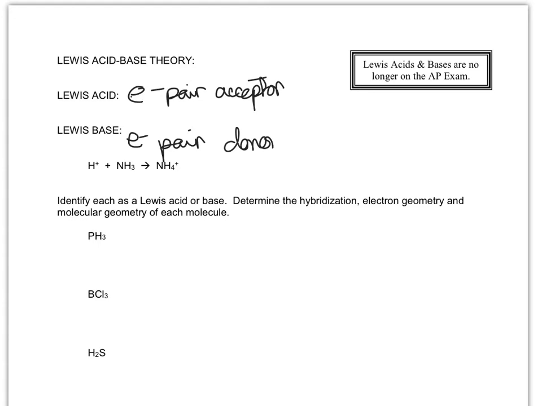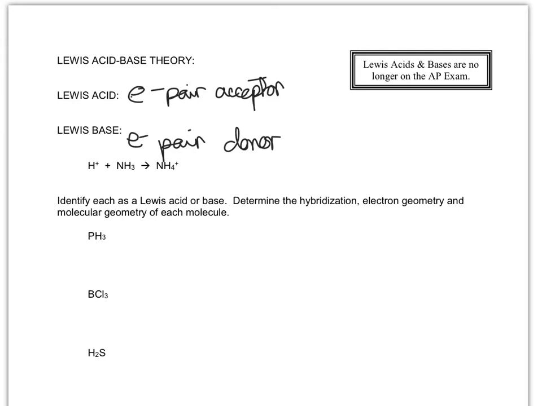So the definitions are kind of flipped from Bronsted-Lowry, because an acid, according to Bronsted-Lowry, is a proton donor, but now it's an electron acceptor. And a base, according to Bronsted-Lowry, is a proton acceptor. Now it's an electron donor. So it's a little bit confusing in that regard.